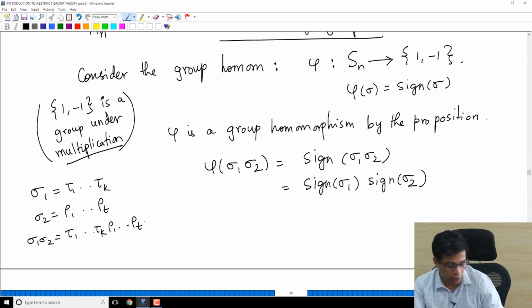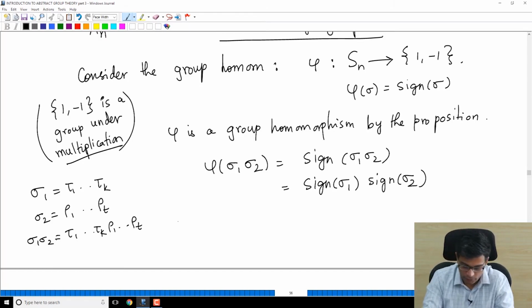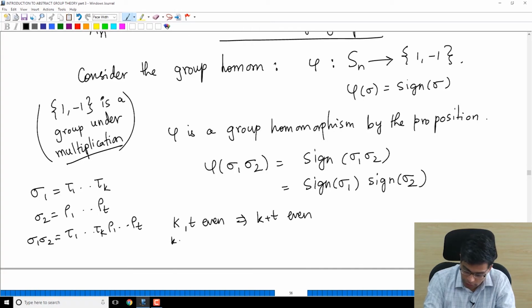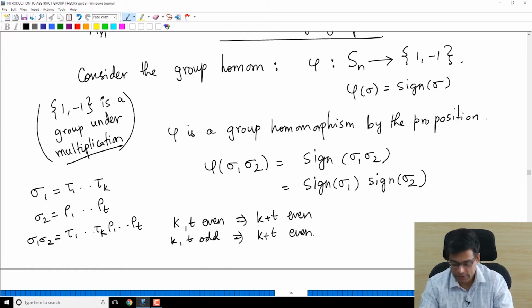Now if k and t are both odd, then k plus t is even, right? Two odd numbers add up to an even number.